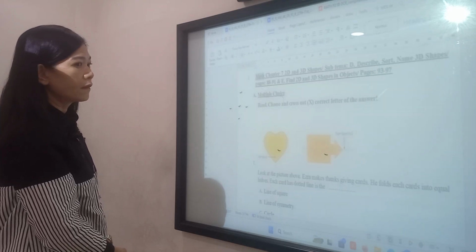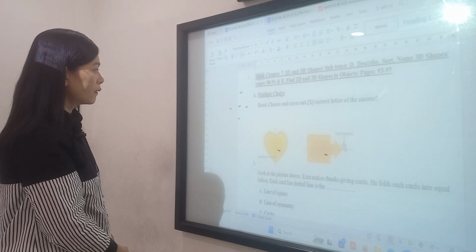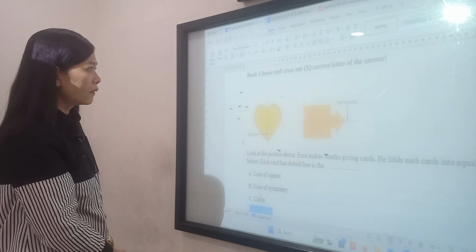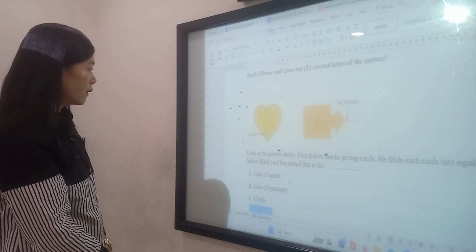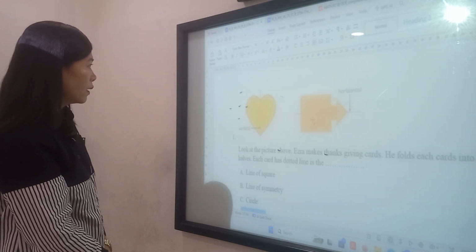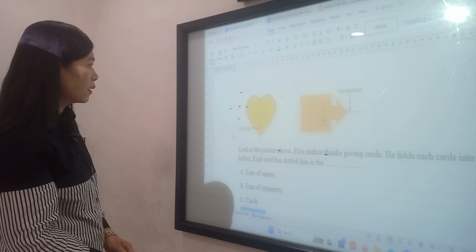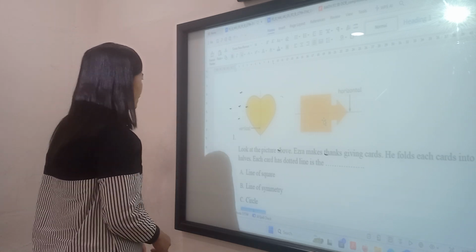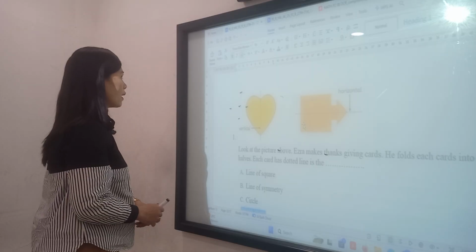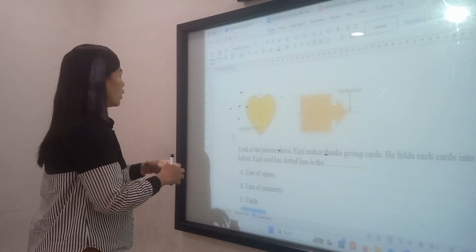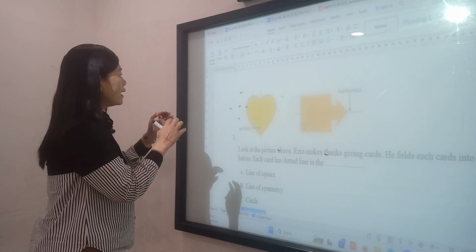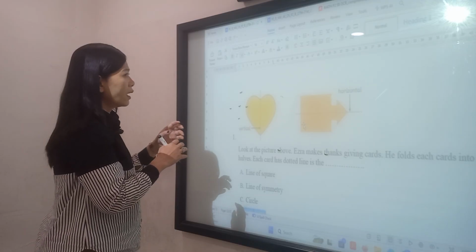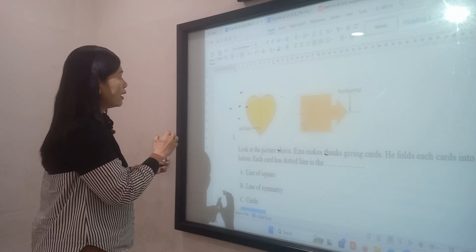Actually, I have a question here, because you talk about something related to line of symmetry. Can you explain the concept of line of symmetry? What is the meaning of line of symmetry? Symmetry means the shape has the same sides.